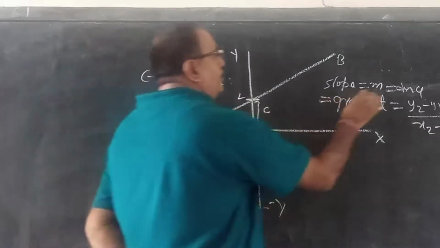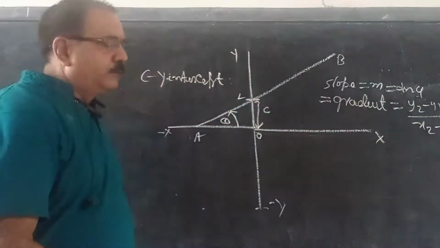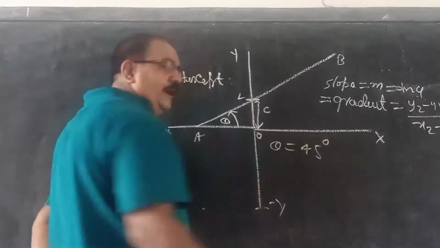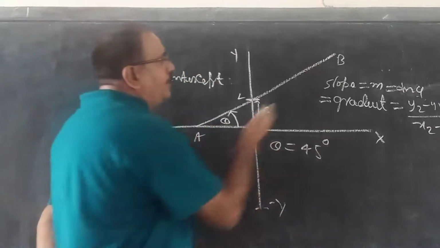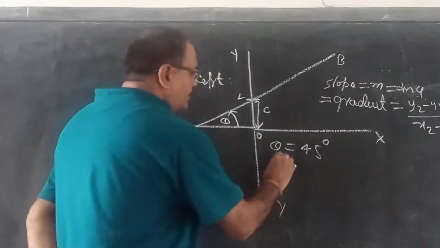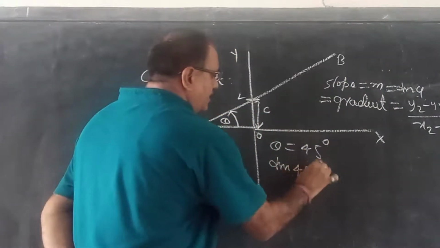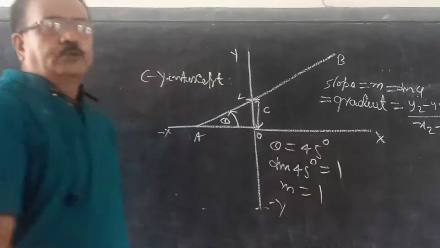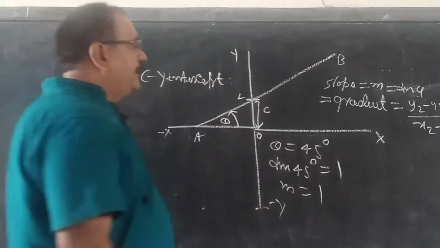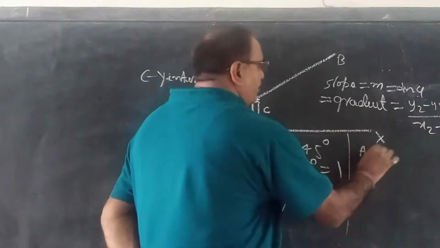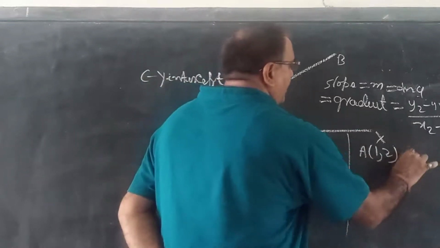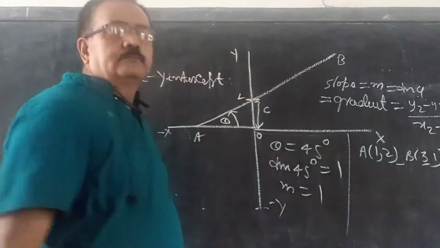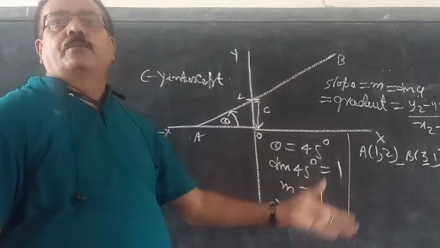Now the question, when will we use this form? First, suppose inclination is given 45 degrees. We have to find the slope. Naturally, we will use tan theta. So tan 45 degrees is equal to 1. So slope is 1. What is the slope? m, that is 1. Suppose A is (1, 2) and B is (3, 1) given, we have to find the slope.